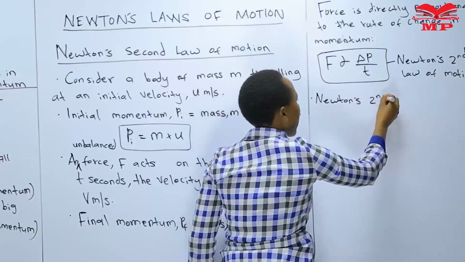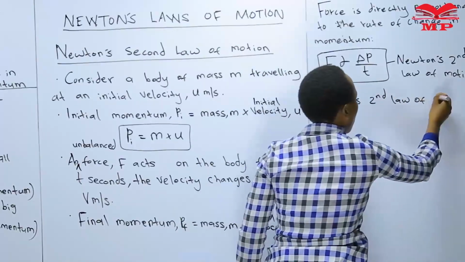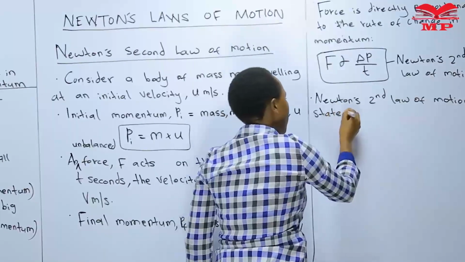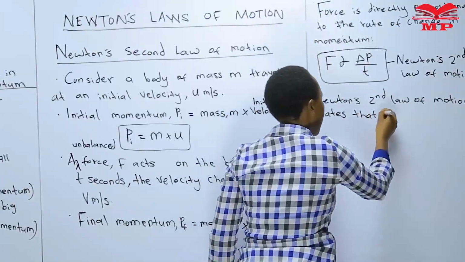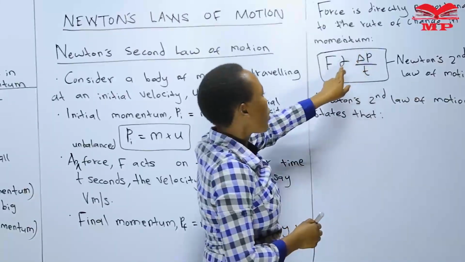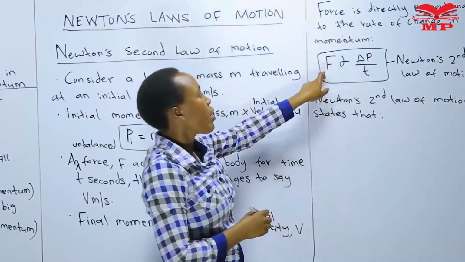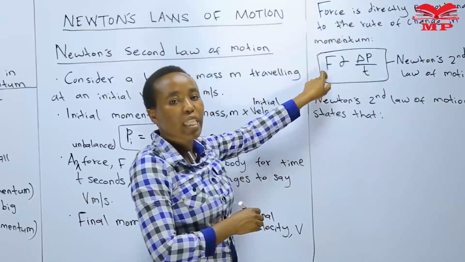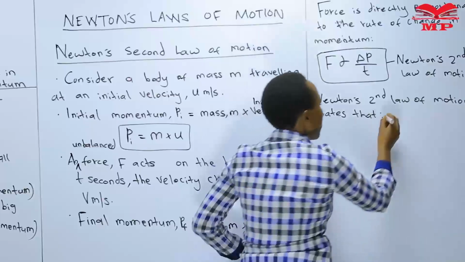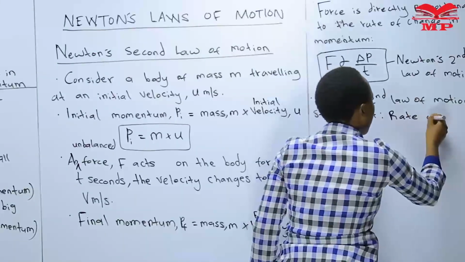Newton's second law of motion states that the rate of change in momentum is directly proportional to the external force producing the change and takes place in the direction of force.